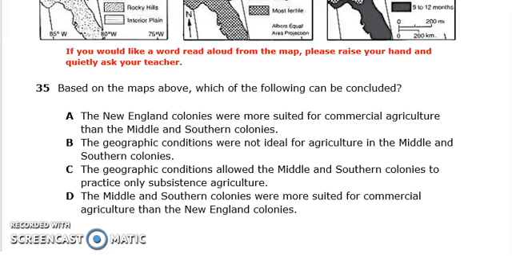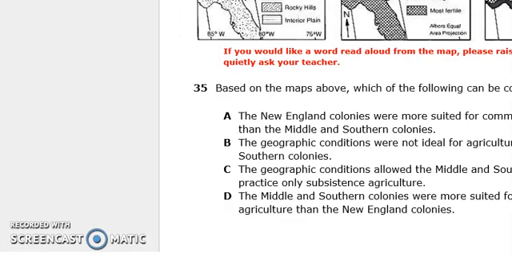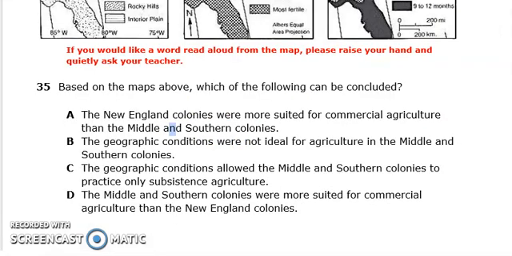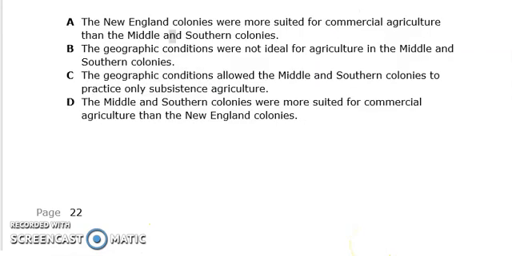C. The geographic conditions allowed the middle and southern colonies to practice only subsistence agriculture. D. The middle and southern colonies were more suited for commercial agriculture than the New England colonies.